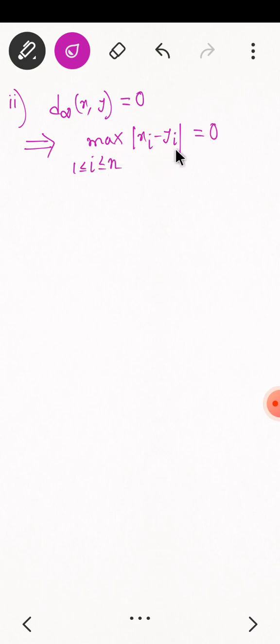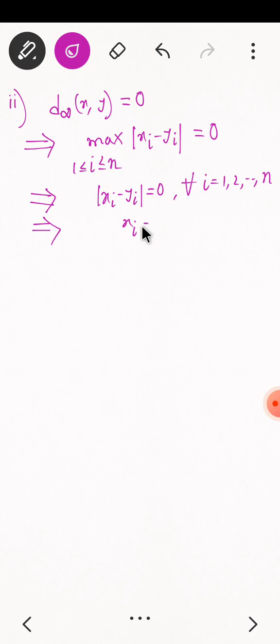If the max of all these quantities is 0, then all quantities must be 0. So mod of xi minus yi equal to 0 for all i equal to 1 to n. So this implies that xi equal to yi. So this implies that x equal to y.